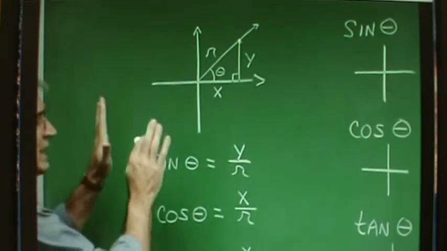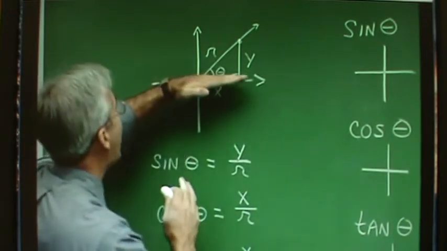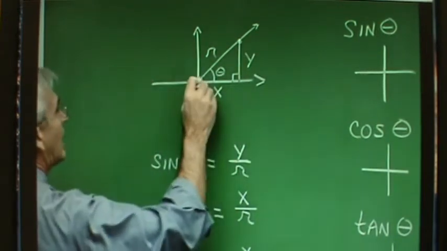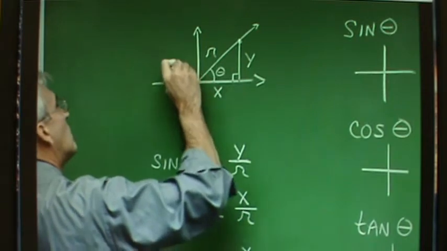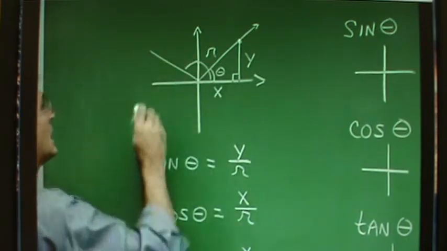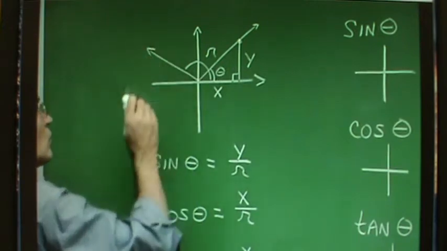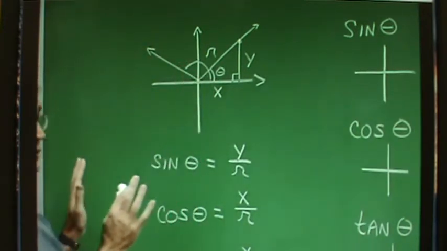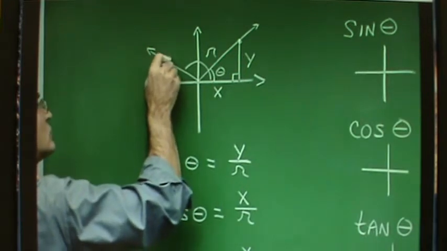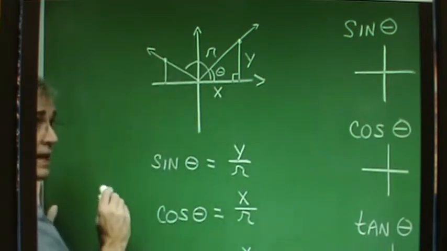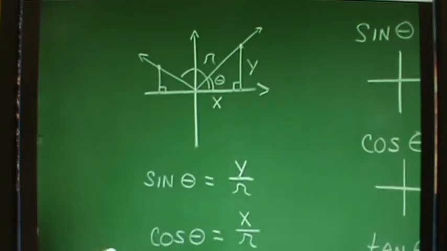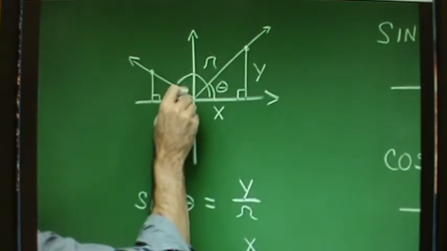Well, we can then extend the angle theta into the second quadrant. What if we think about an angle like this? And here is that angle theta. Now, to create our right triangle situation, we can take a point on the ray and just drop it down to the x-axis, and we have a right triangle formed, and we have a little reference angle here.